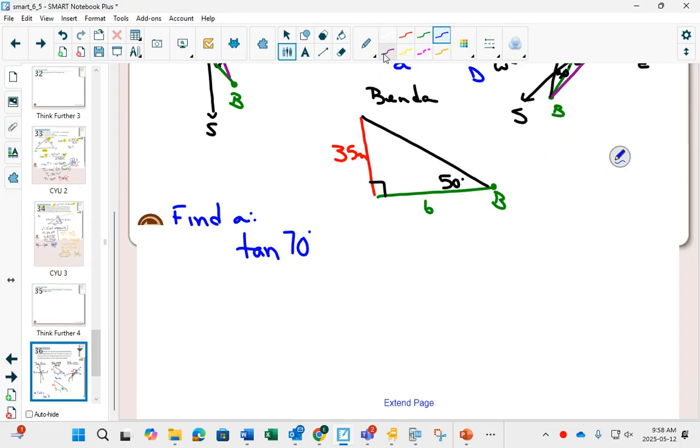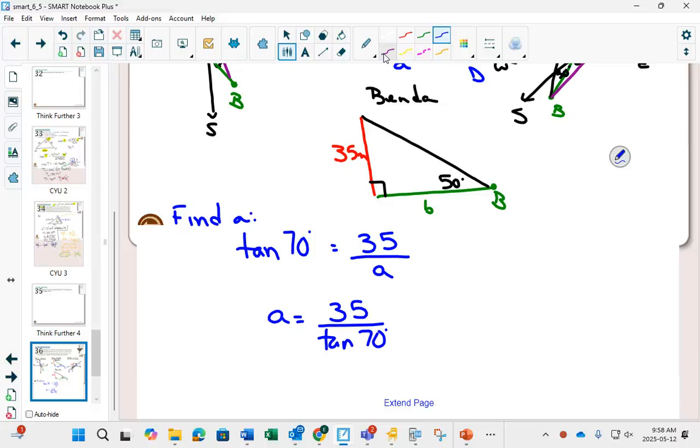Tangent of 70 degrees will equal the opposite side, which is 35, over the adjacent side A. Multiply both sides by A and divide both sides by tan of 70 degrees, and we get A by itself.